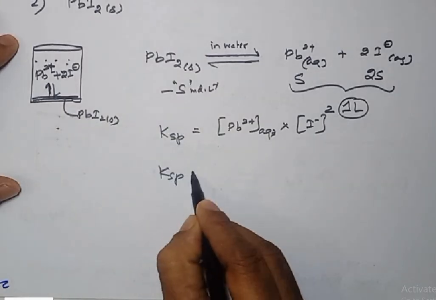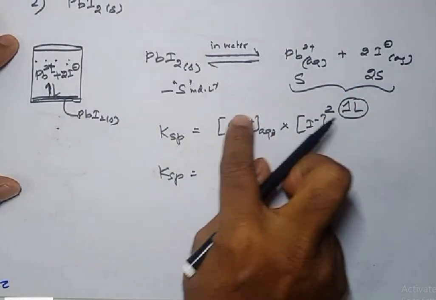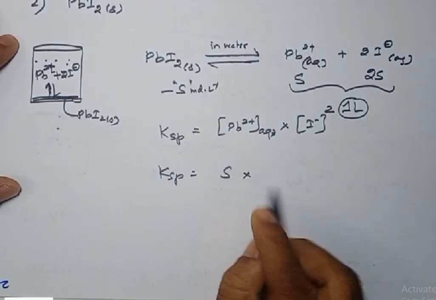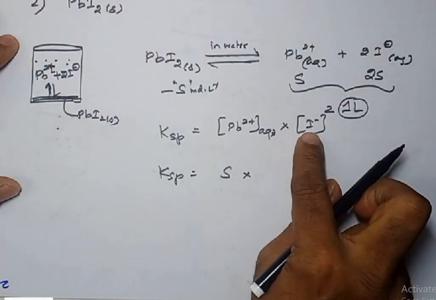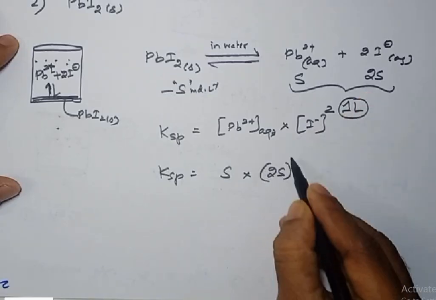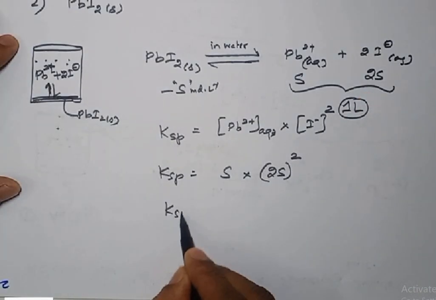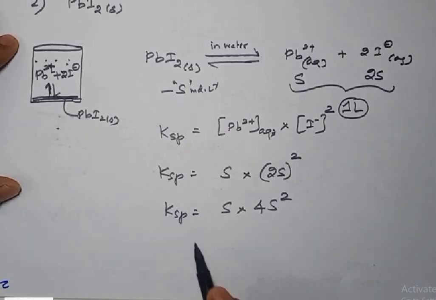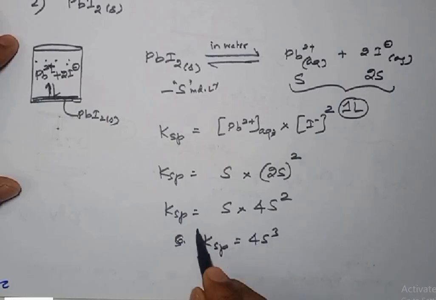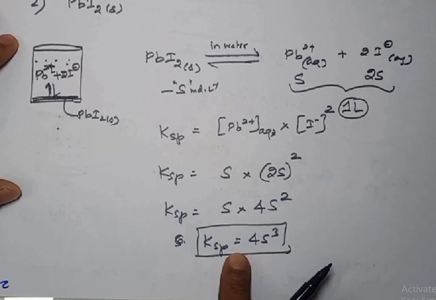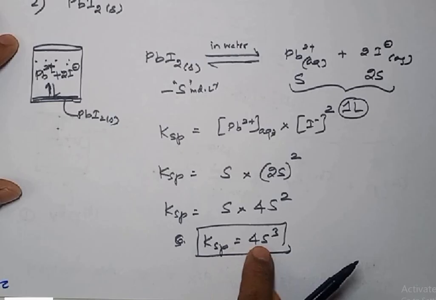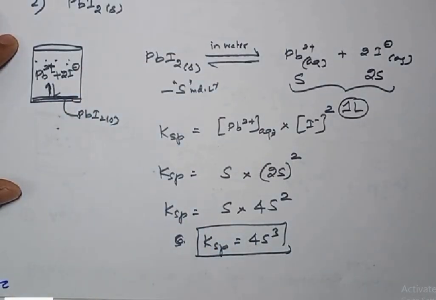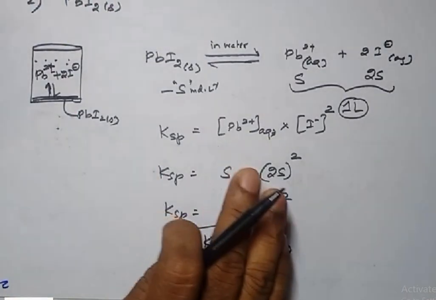Now if the solution volume is 1 liter, then the concentration of Pb2+ ion is nothing but solubility S, and the concentration of iodide ion is 2S, whole squared. So we get S into 2 squared, which is 4, and S squared, so Ksp equals 4 S cubed. This is the relation between solubility and solubility product for lead iodide, a sparingly soluble salt. I hope you have understood this clearly.